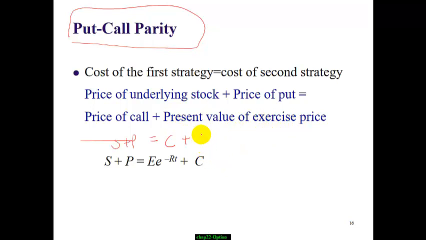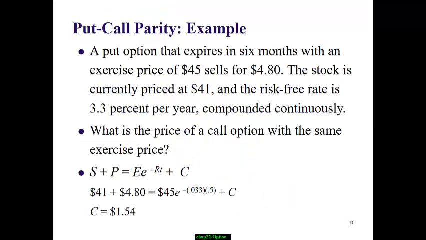So the strike is E or X. We will use a continuous discount factor, natural e raised to the power of r times T. Okay. So this is the continuous discount factor, compared to a discrete discount factor where we have 1 plus r to the power of T. This is discrete.